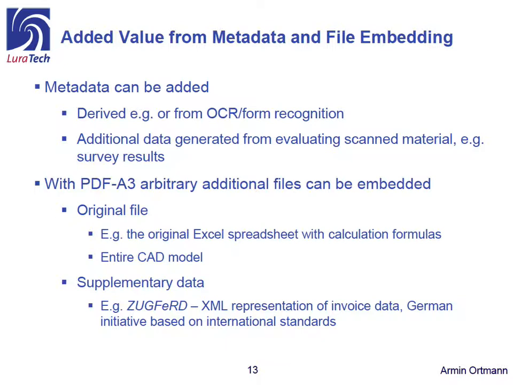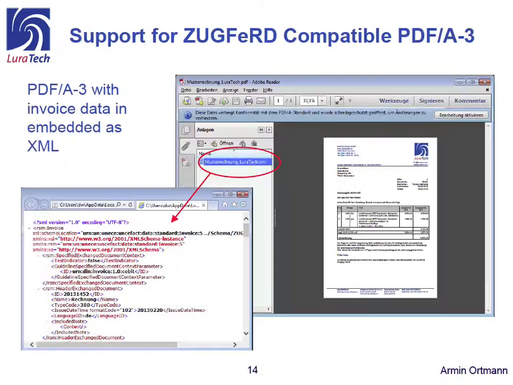And we have this special case of Zugpferd. As I think most of you are German, you may be familiar with this. Again, Bernd will elaborate on it in much more detail, but we also have support for this kind of XML representation, where you basically have a printed invoice, which is really what you would get from your supplier or from some company for your utilities or services, and it would contain an XML representation of the invoice data.